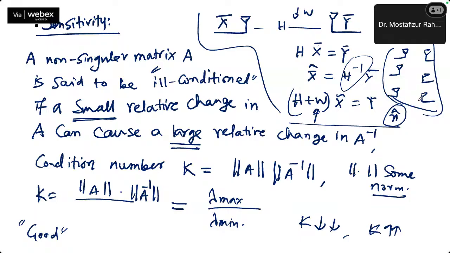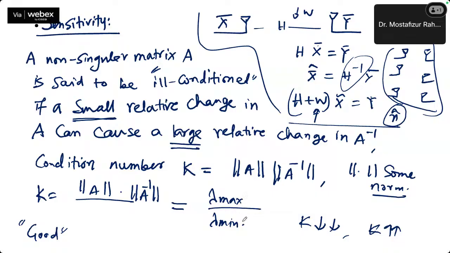Now, any system, even a country, can be a system. Say our body can be a system, right? So lambda max is the maximum eigenvalue, and lambda min is the minimum eigenvalue, and if that ratio is less, then we say our body is in a healthy situation.